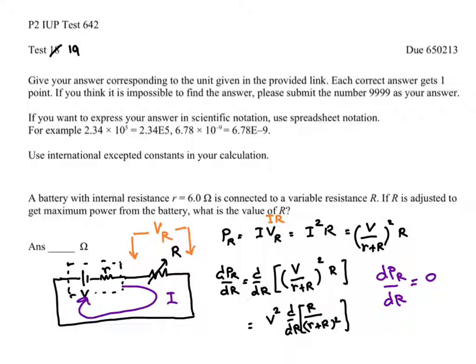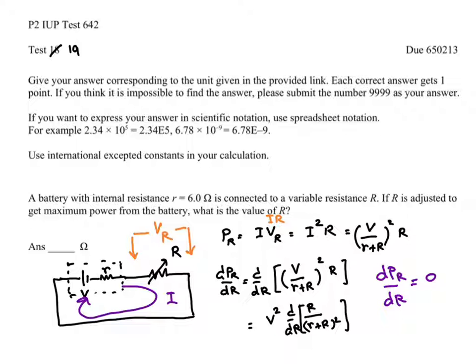So we substitute PR here, and we know that V is a constant because it is the voltage difference of the battery, so we can take V out of the differentiation.